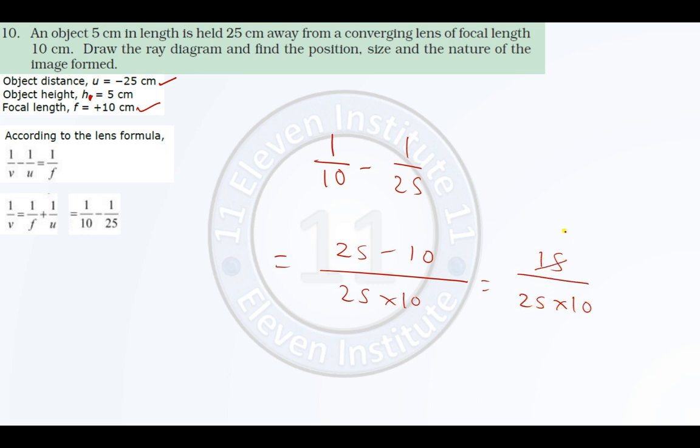Now 5 threes are 15 and 5 twos are 10. So this will be 3 upon 50, or I can write it as 6 upon 100. So my answer will be 0.06. But that is not the question. We will invert the 6 upon 100 to 100 upon 6. Now let us see how we have solved this, right?